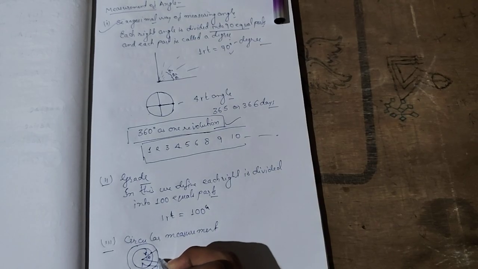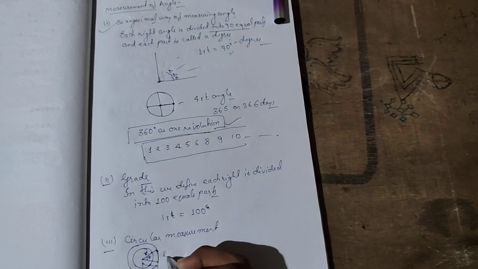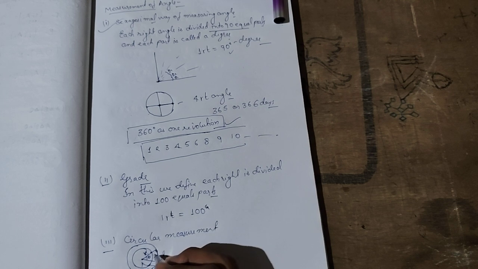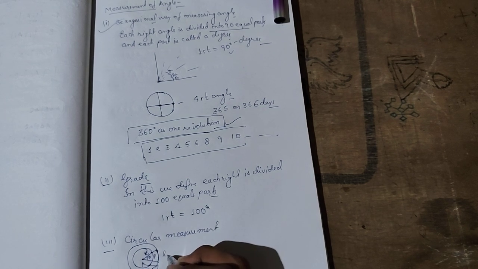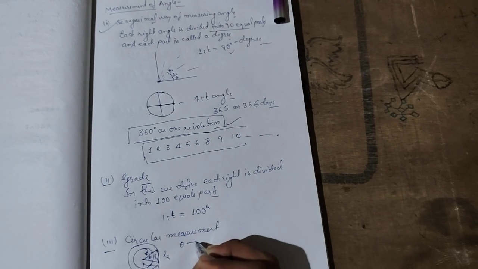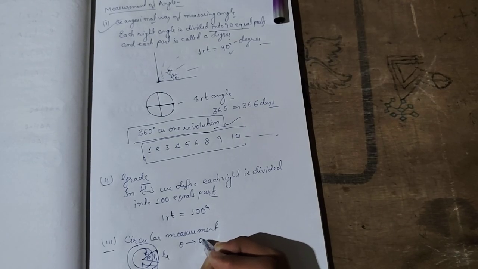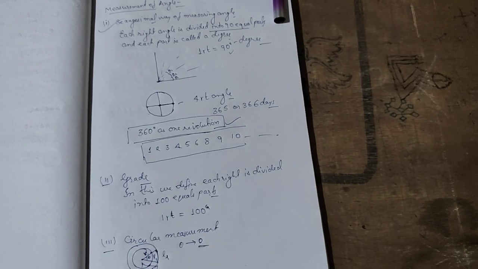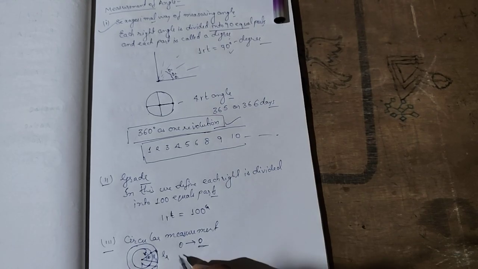This length is L1, this length is L2. And theta is very small; theta approaches 0, not exactly 0.